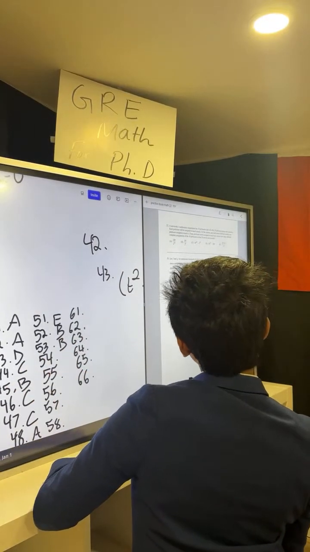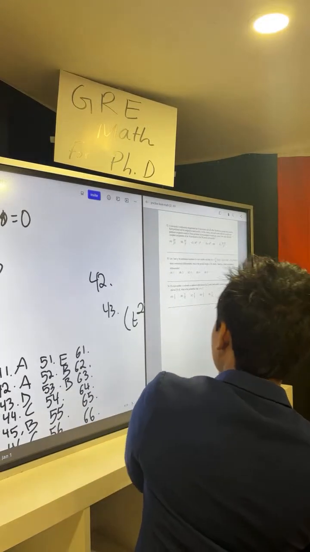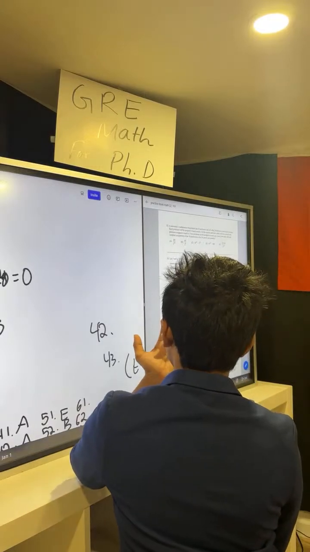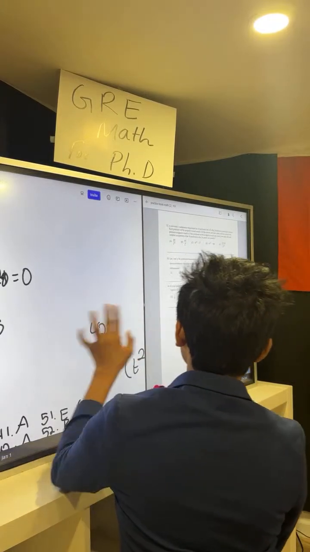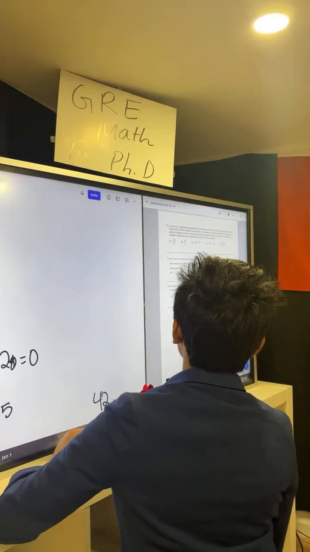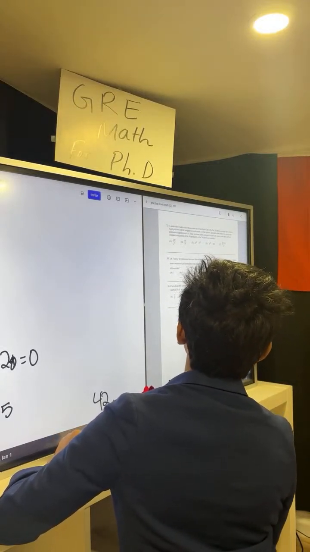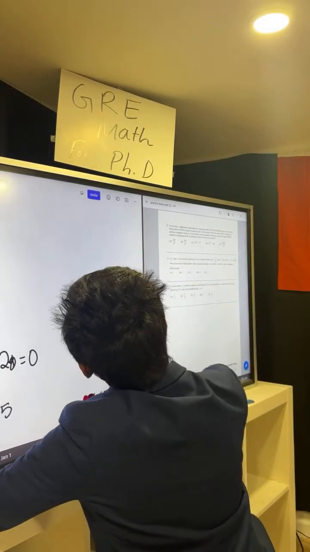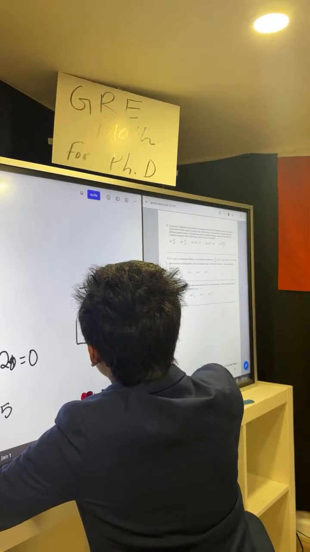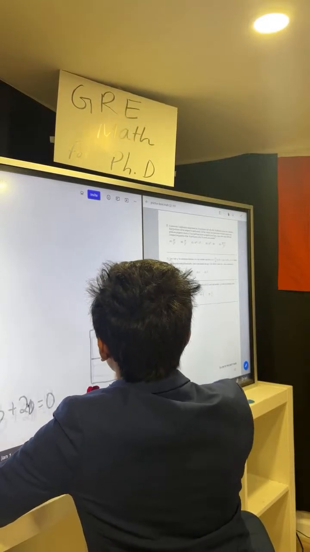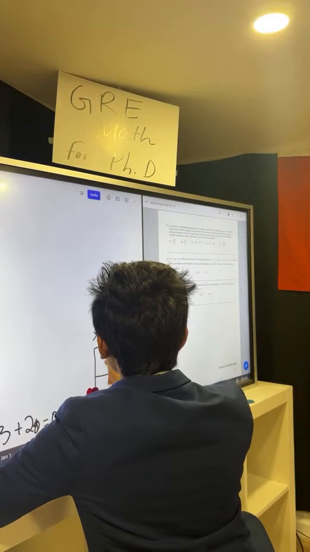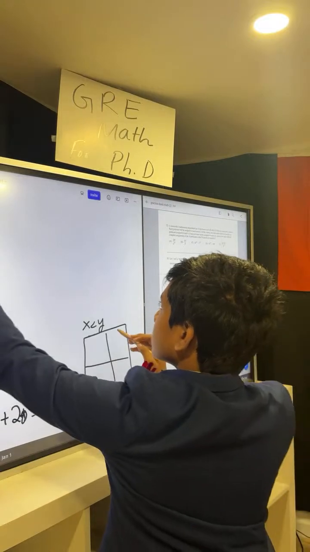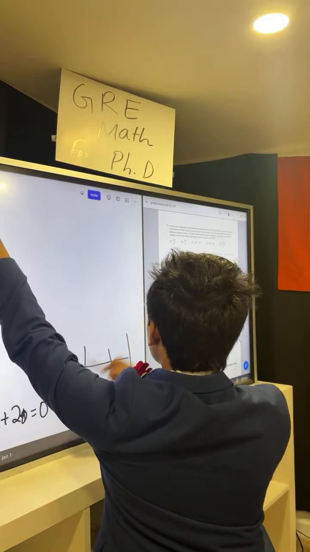The real number x is chosen at random in the interval 0, 3, and the real number y is chosen at random from 0 to 4. What's the probability that x is less than y? Okay, well, here's what's going on. The probability that x is equal to y is practically 0. So we have 2 cases: either x is less than y or y is less than x.